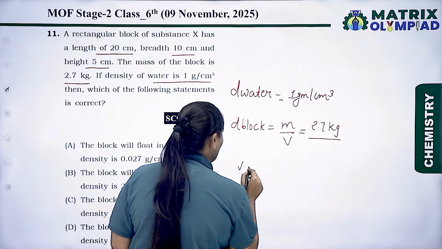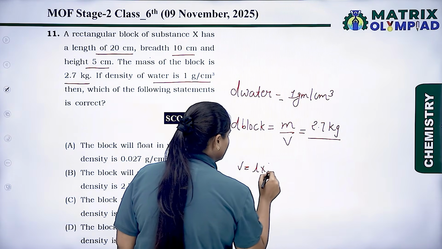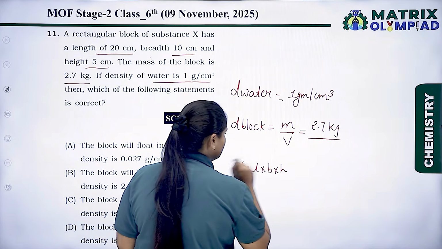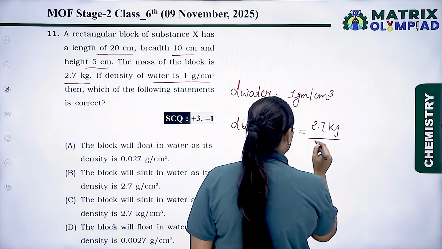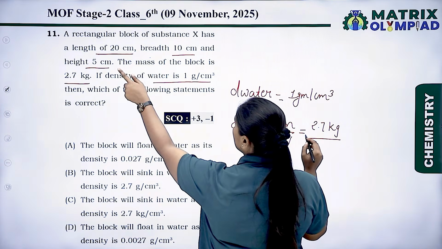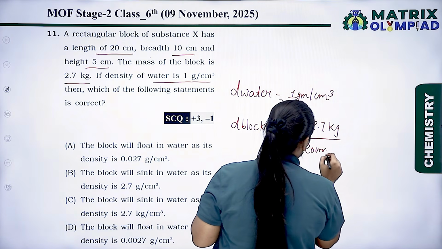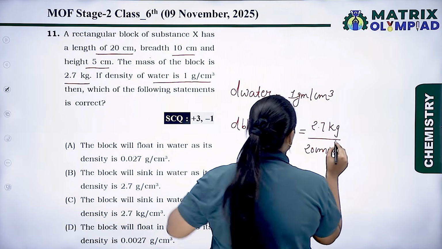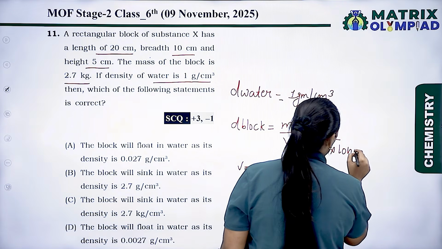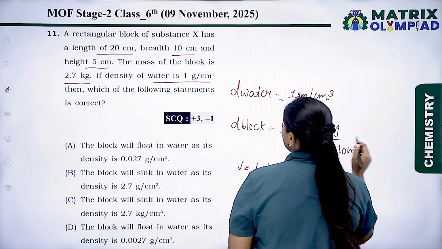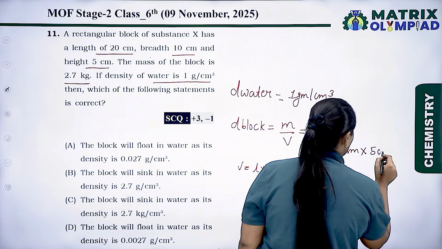We know the formula of volume is L into B into H. So we put the values in this formula: length of the block is 20 centimeter, breadth is 10 centimeter, and height is 5 centimeter.